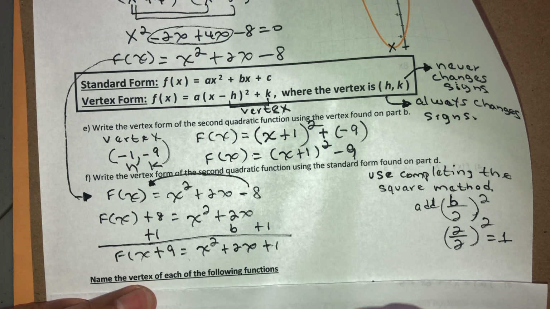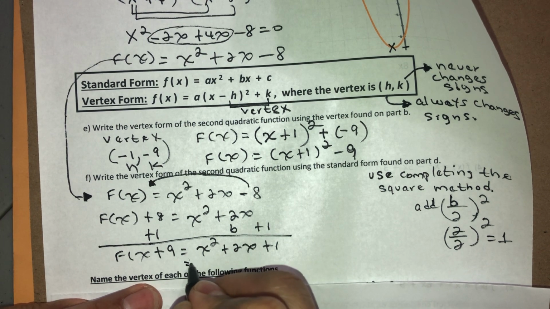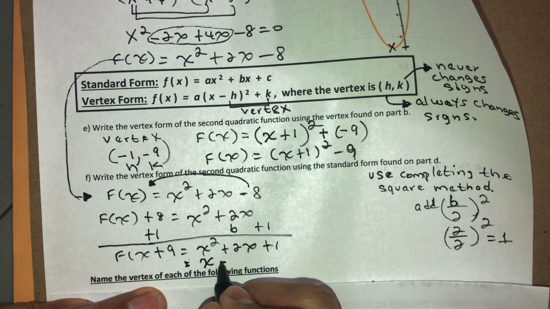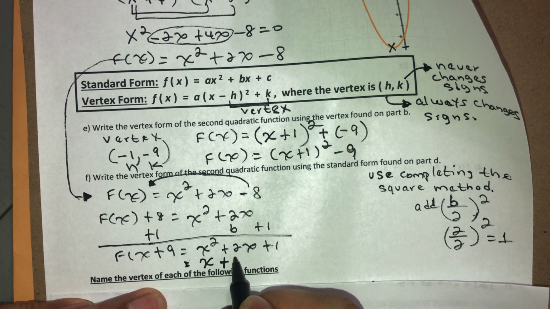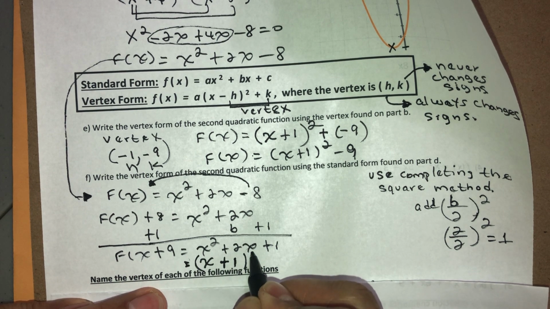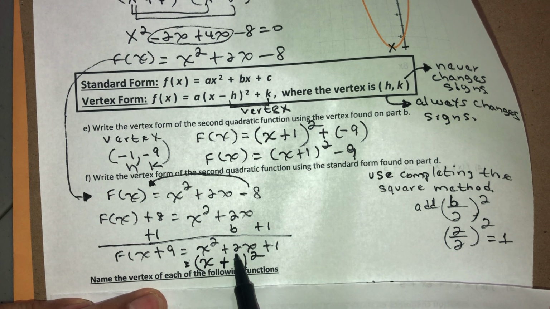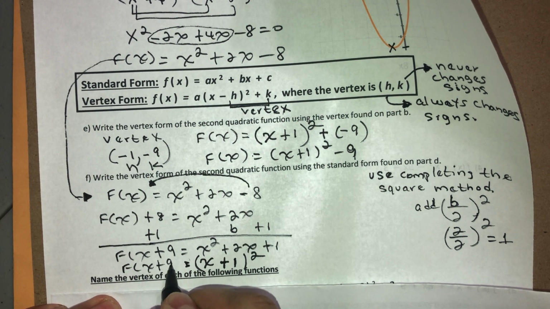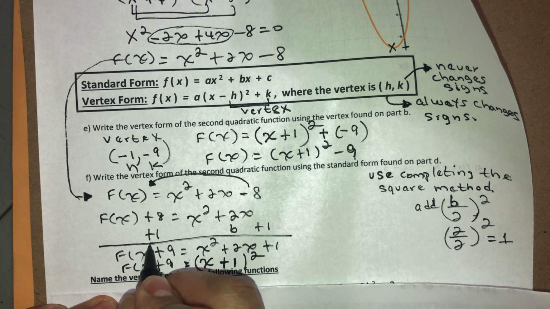We keep the x, we keep the sign of the middle term, which in this case is plus, and we divide the middle term by 2. What is half of 2? 1, okay? We put the 1 and we square that, because 1 plus 1 is 2 and 1 times 1 is 1. Bring down the rest.